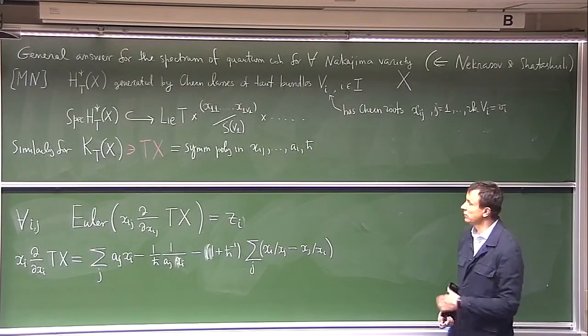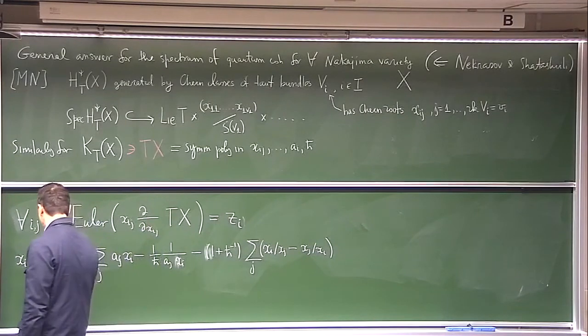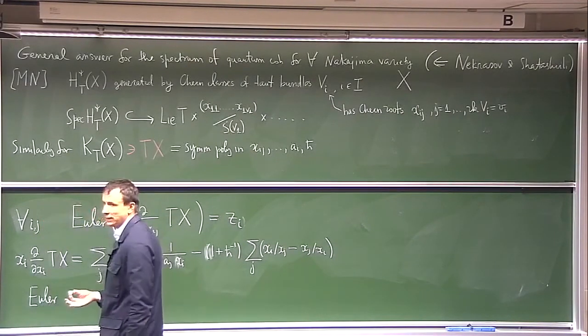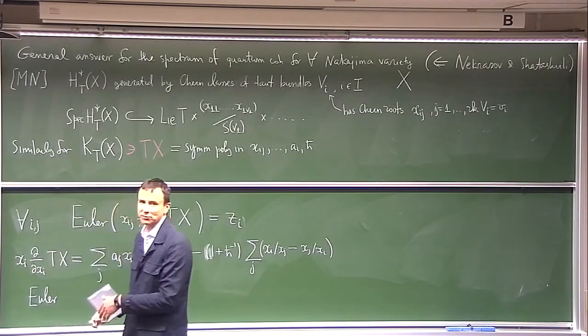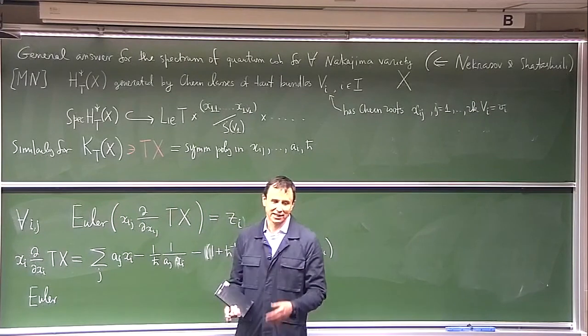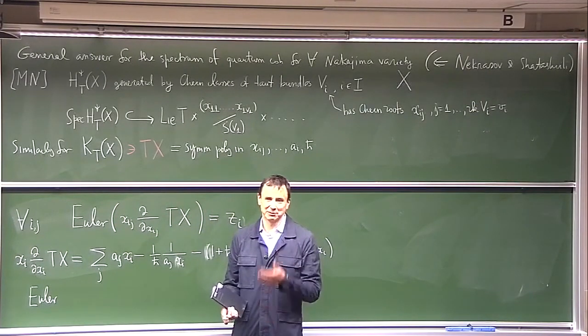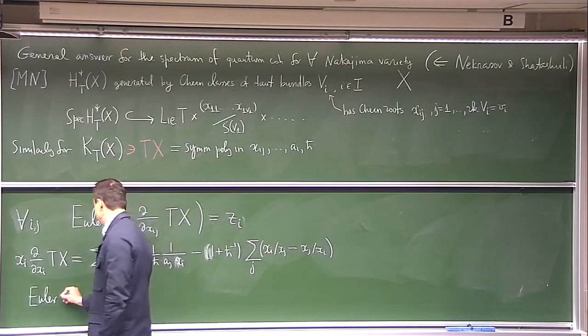So what would be the Euler class of this? I didn't introduce separate variables in cohomology and K-theory, so I'm going to use the same variables. I denote the logarithms of the variables by the same variables. So I hope it's okay.